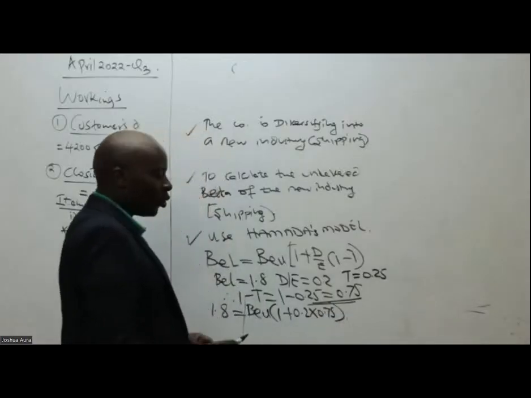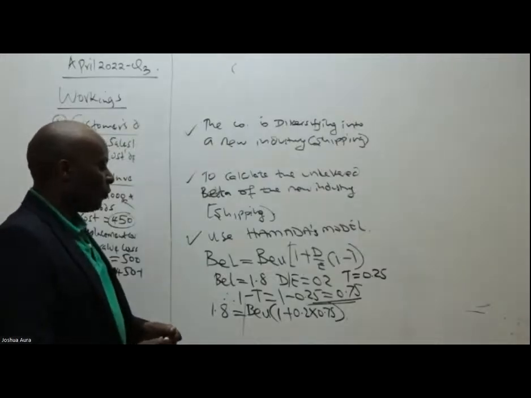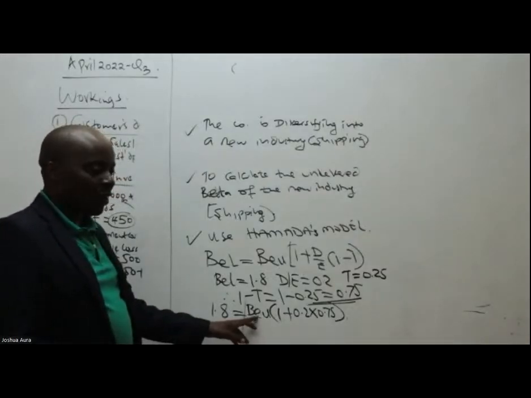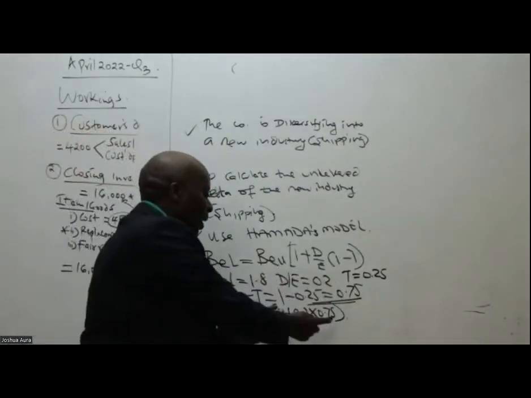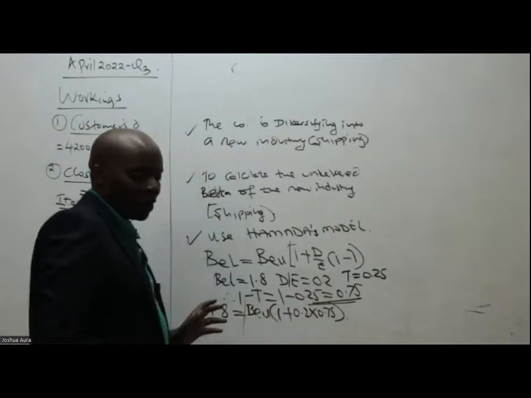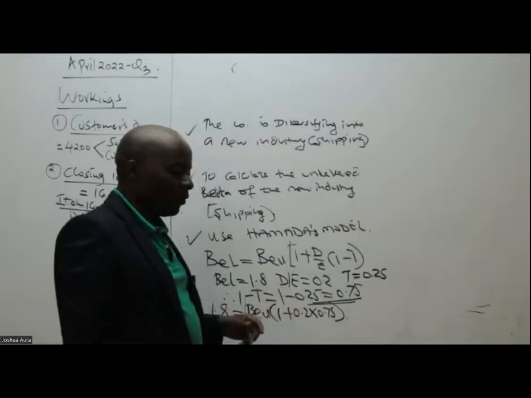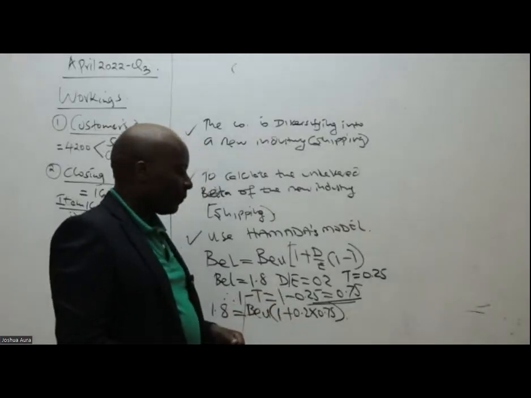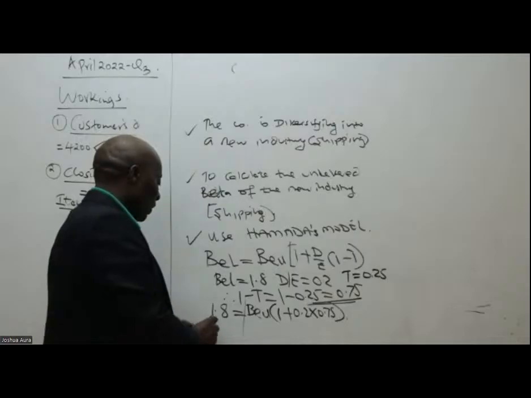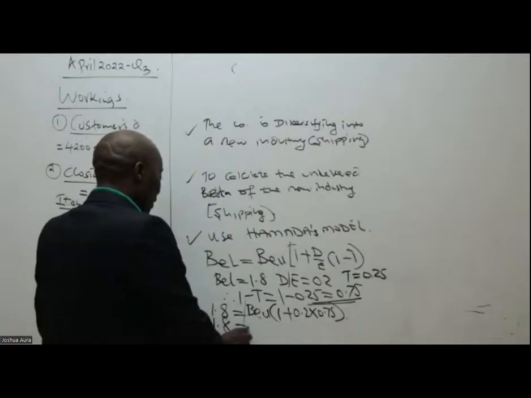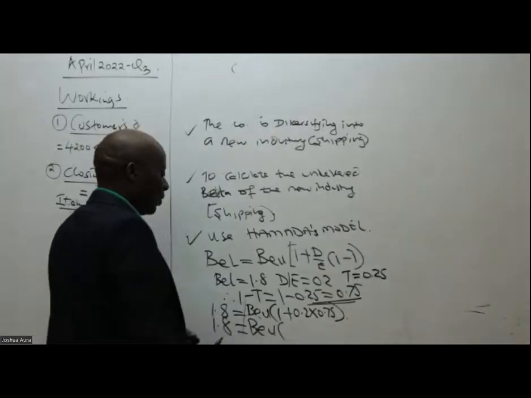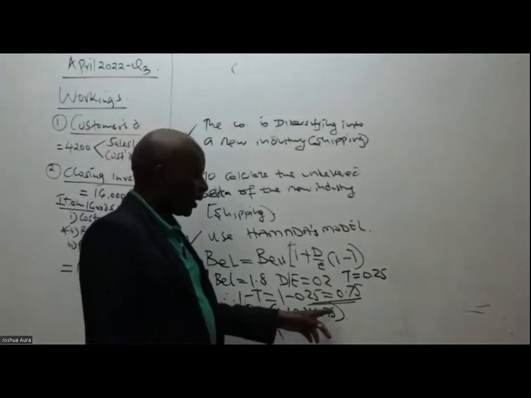So please go slowly until you give me beta equity of unlevered firm. First of all, give me whatever is in brackets, BODMAS: 1 plus 0.2 times 0.75, right? So we have here 1.8 equals beta equity of unlevered firm into this plus this.